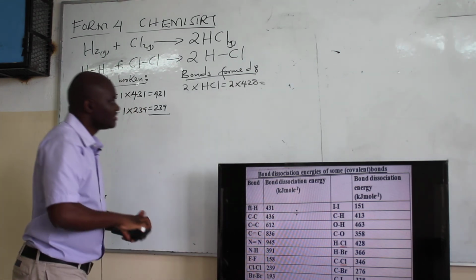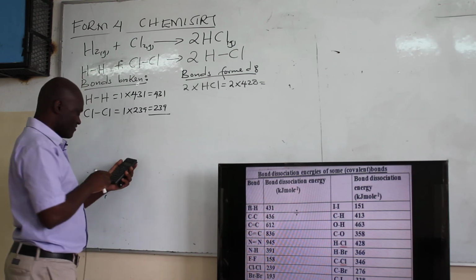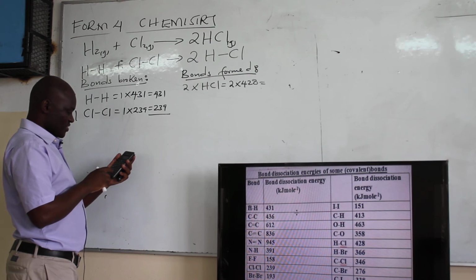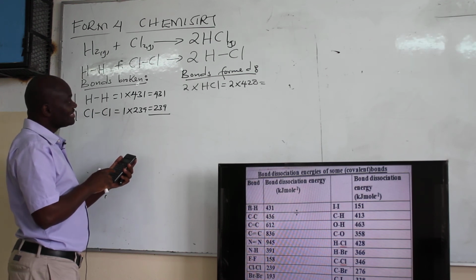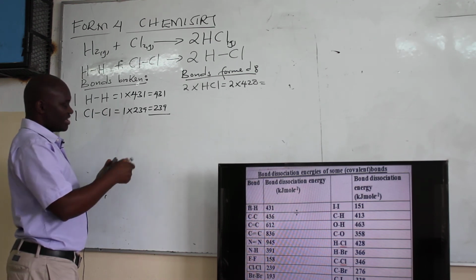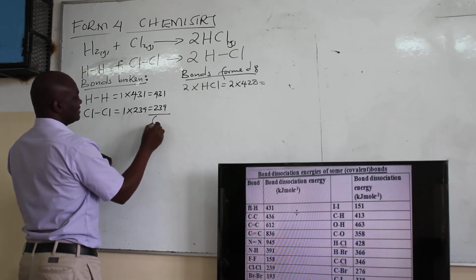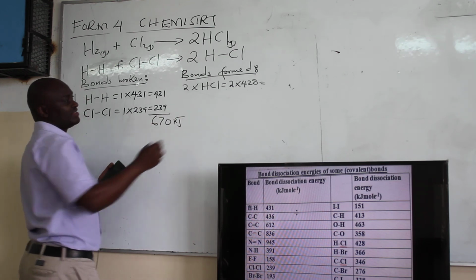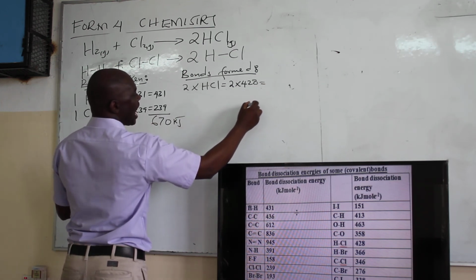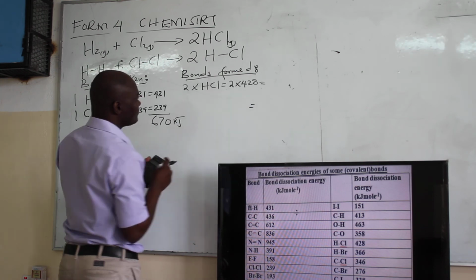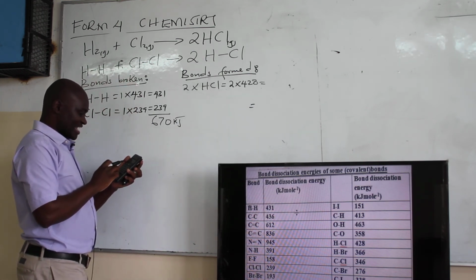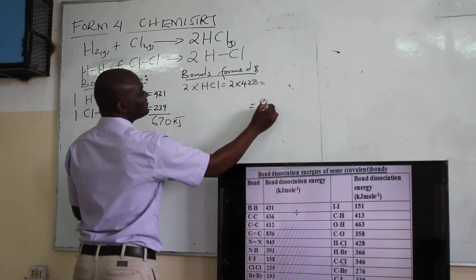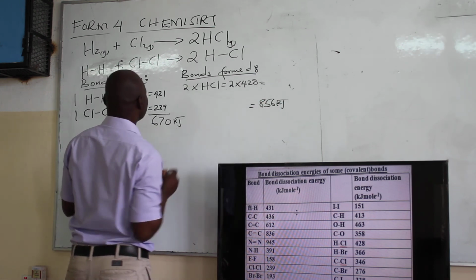Then we add: this side we have 431 plus 239, which is 670 kilojoules. Then this side we'll have 428 times 2, which is 856 kilojoules.